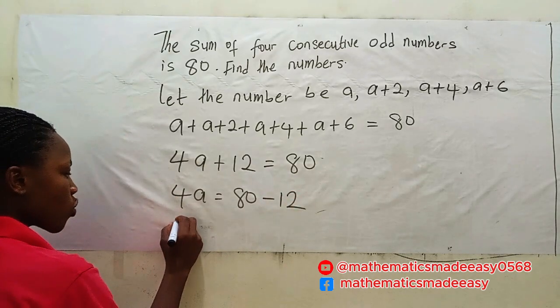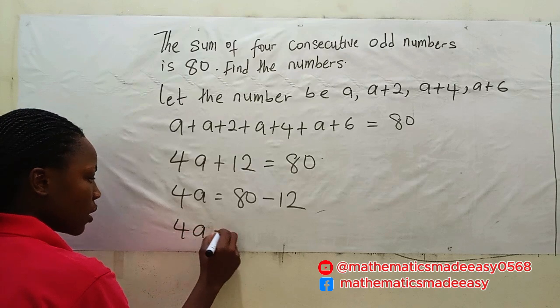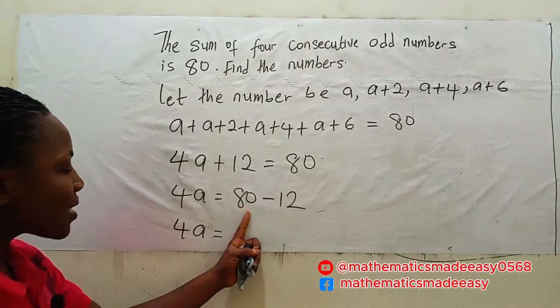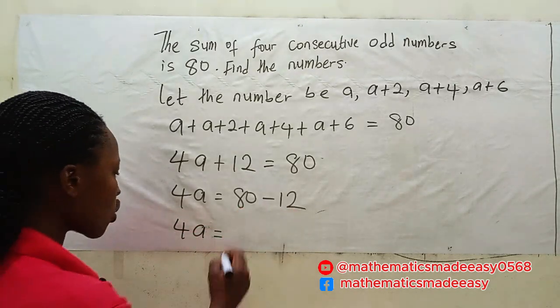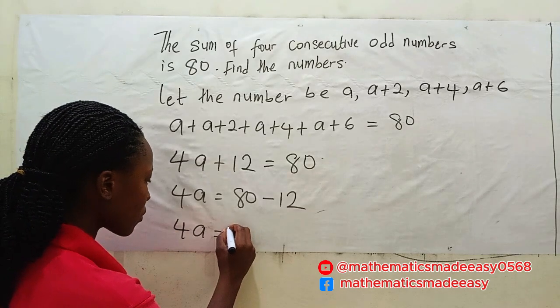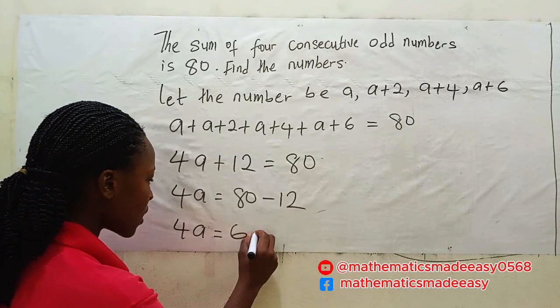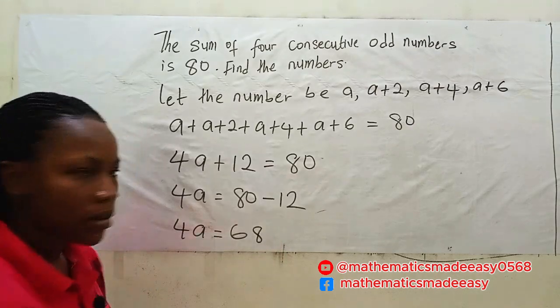All right, so we're going to have 4A equals 80 minus 12, which is going to give us 68.